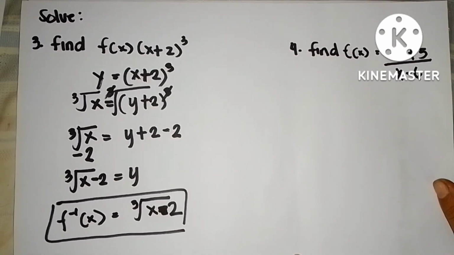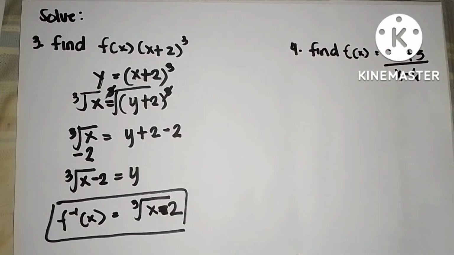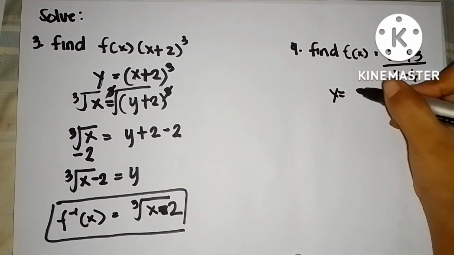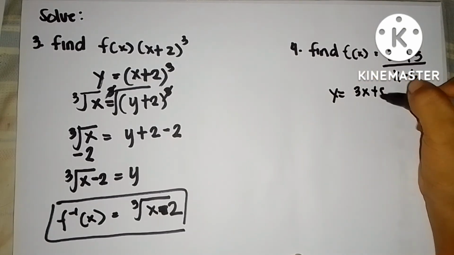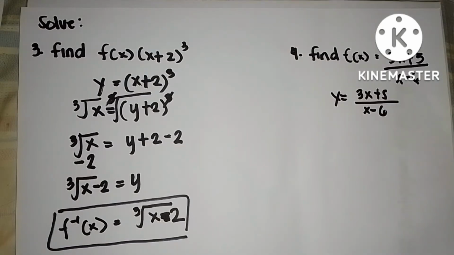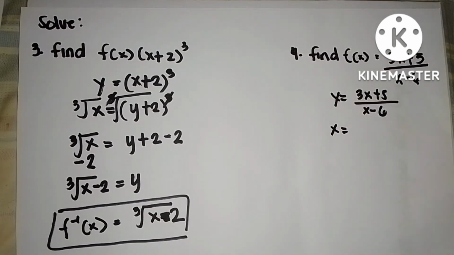In example number 4, we need to find the inverse of the function f(x) = (3x plus 5) over (x minus 6). So to find it, we need to replace f(x) with y. So this will become y equals (3x plus 5) over (x minus 6). And then swap the y and x. So our y will become x and the x will become y.